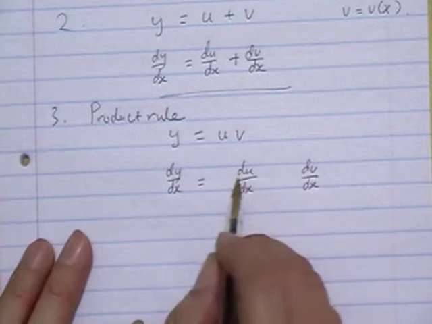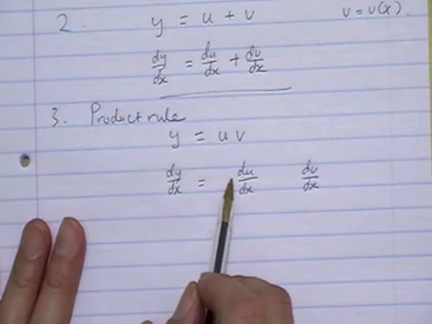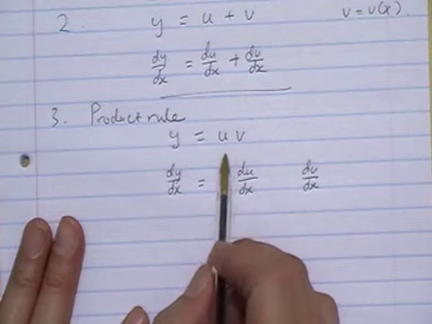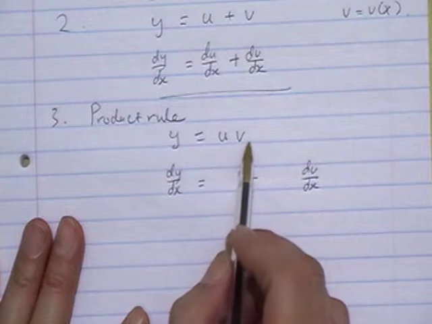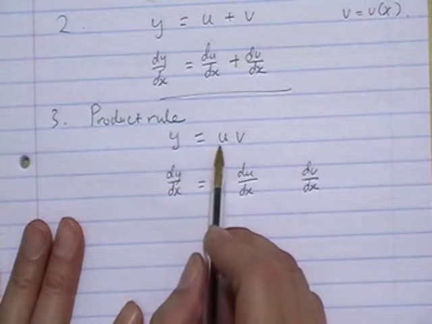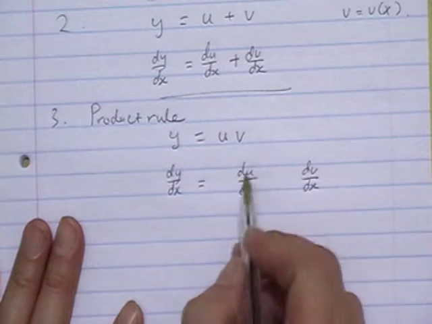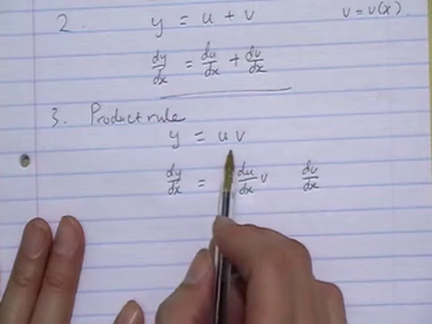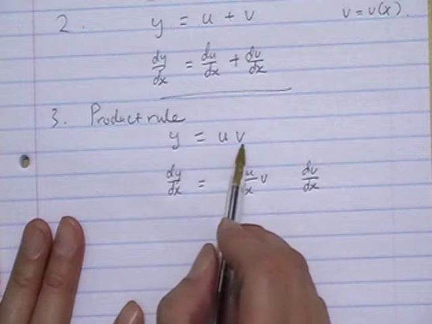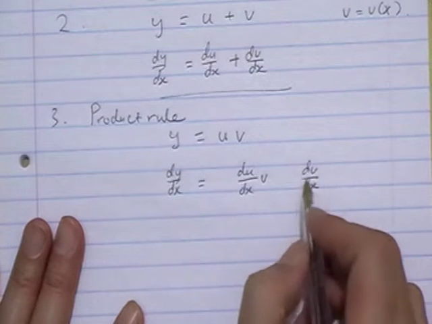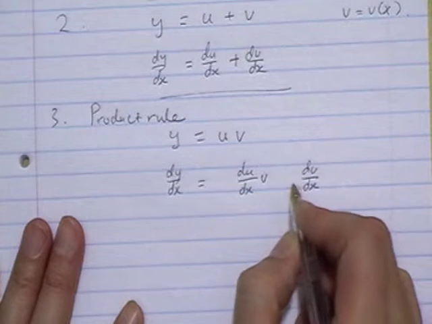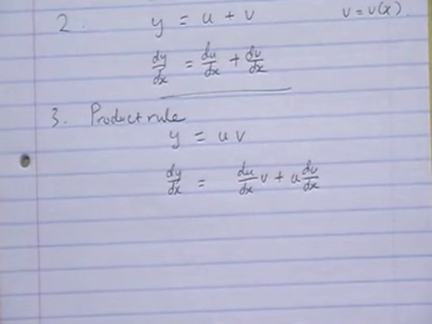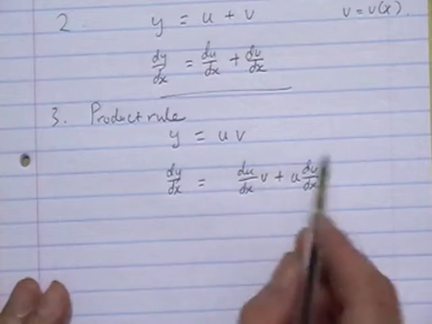In this case, the rule is that we can keep one of the factors unchanged and differentiate the other one first, like say du dx times v. And then I would keep u unchanged and differentiate v, dv dx, and then multiply that by u, and then add them together. So this is how to do it in this case, and this is called the product rule.